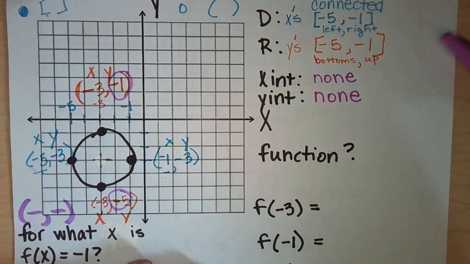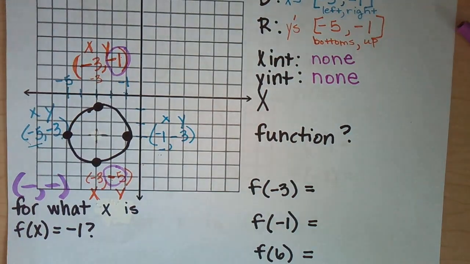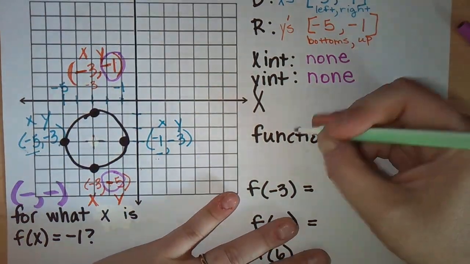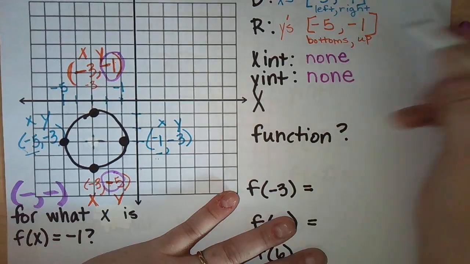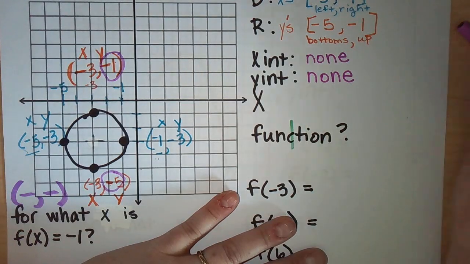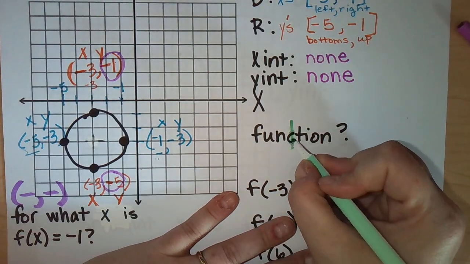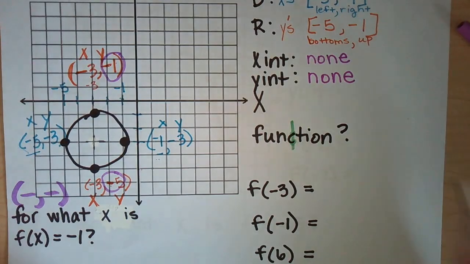Okay. Function means, hey, can I draw that up and down line? And, you know, if I hit twice, it's no bueno, because my x's repeat and I don't want them in my life. Okay.